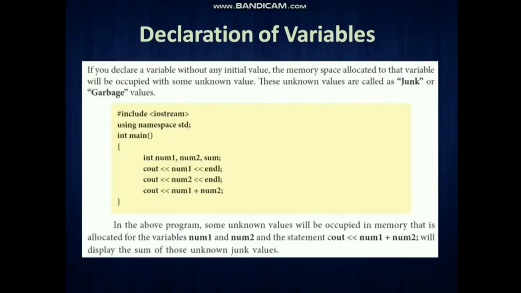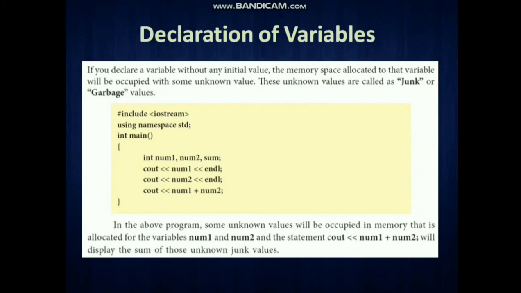See here, that example I already told you before. So they are showing how they store those variable names. Here, garbage or junk: what is the meaning of that?